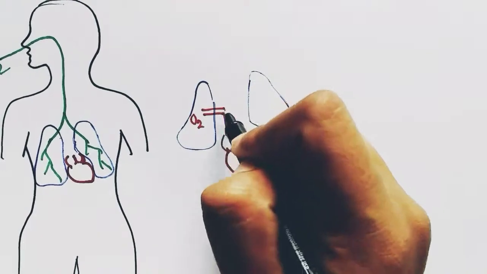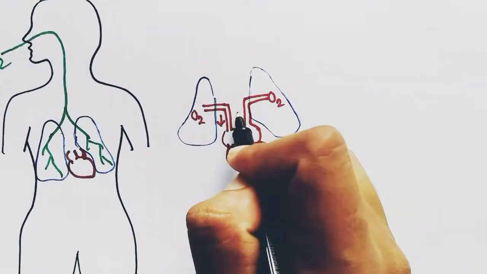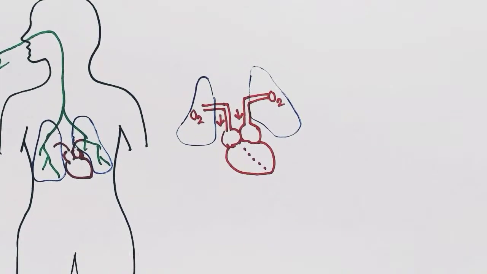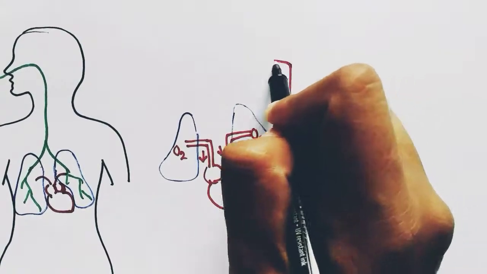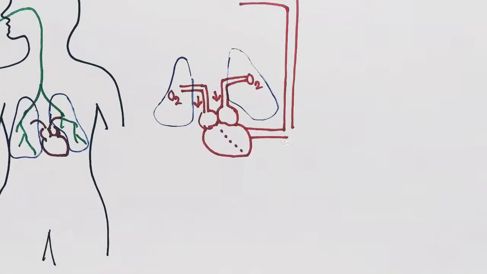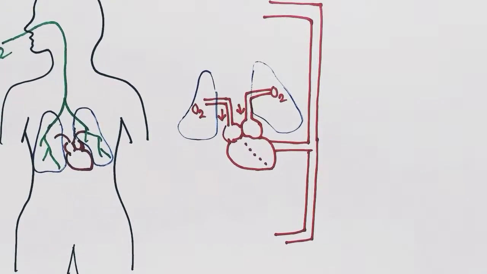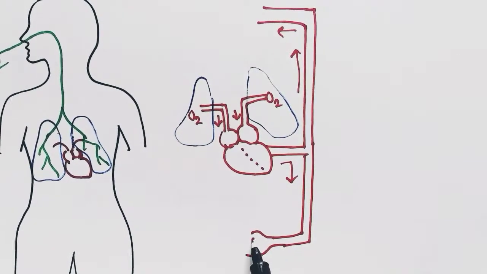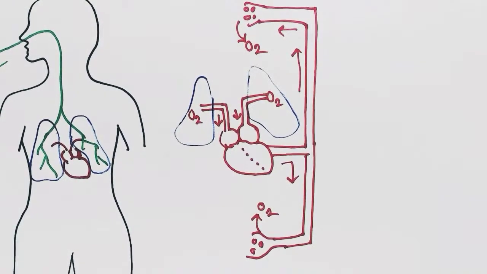The oxygenated blood from the lungs is coming to the heart. And the heart is pumping the oxygenated blood to both the upper body part and the lower body part. After reaching the body part, the oxygen will be released from the blood and the blood will have a very low amount of oxygen and it will be called deoxygenated blood.